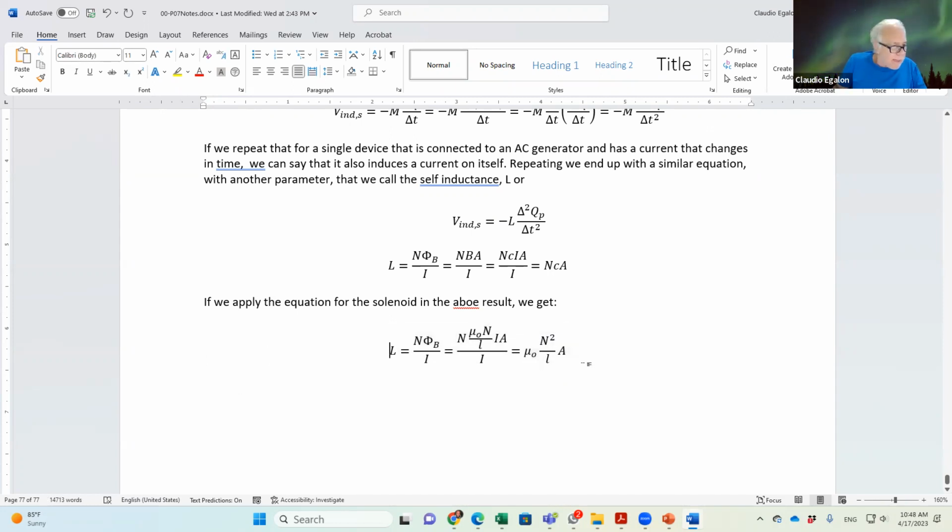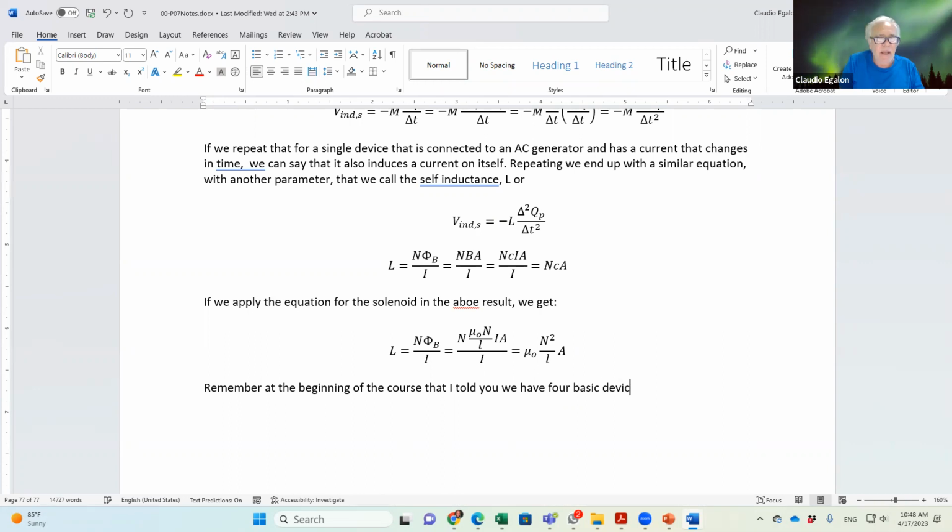Remember at the beginning of the course that I told you we have four basic devices in electricity and magnetism.